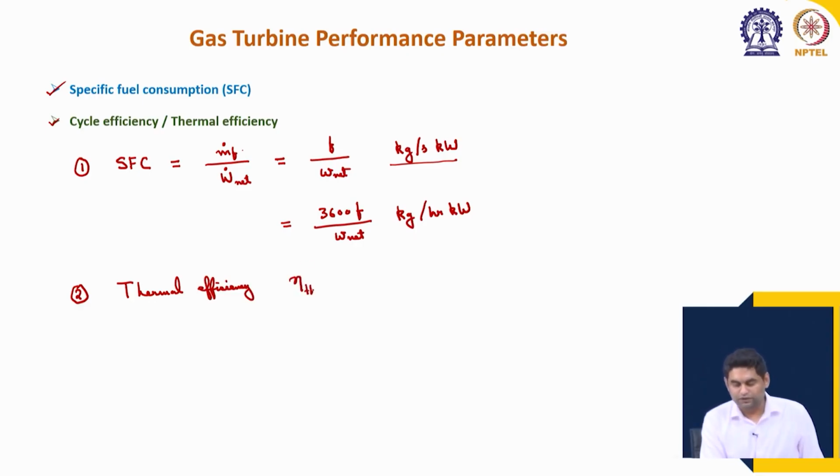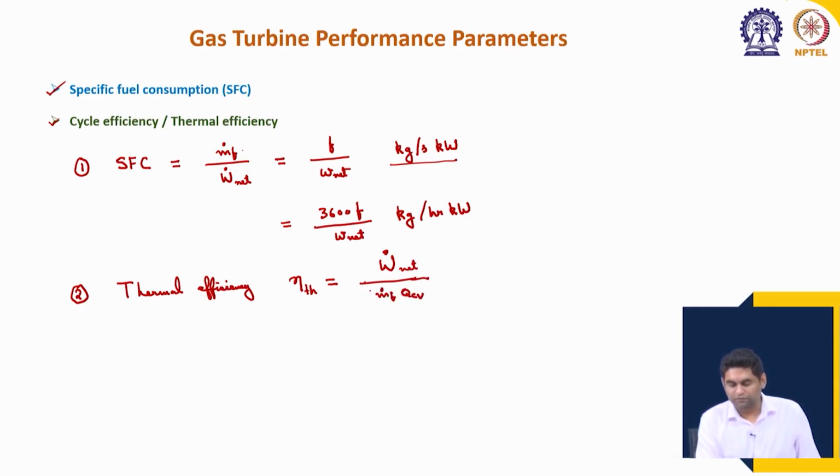So, the thermal efficiency of the cycle is the actual power output from the cycle, considering all the losses, ultimately whatever is the net power output from the plant divided by the mass flow rate of fuel into calorific value.